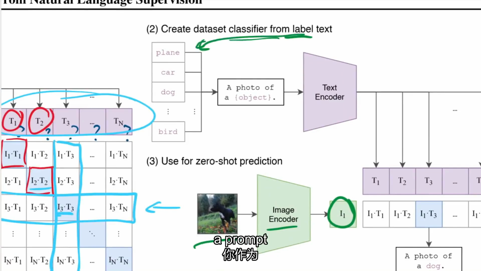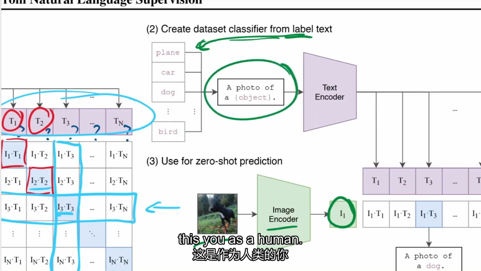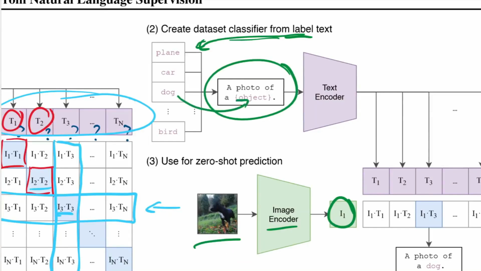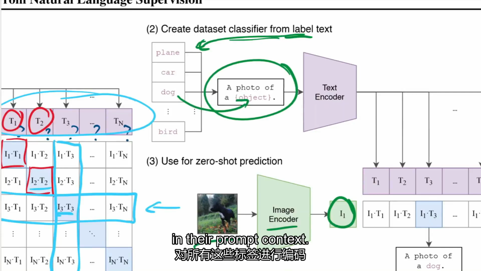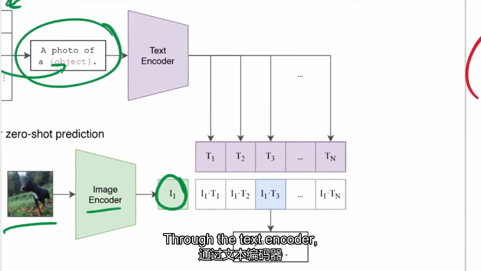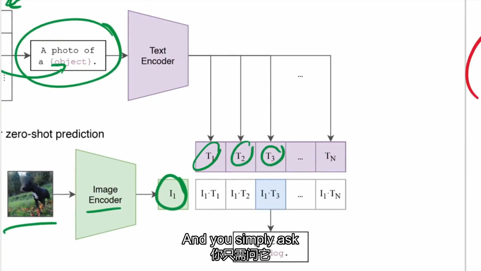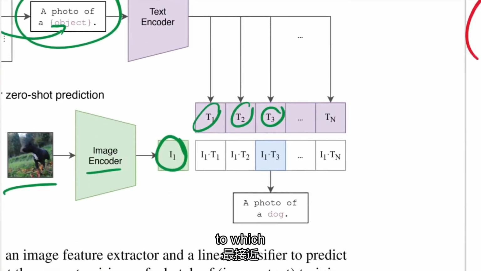You engineer a prompt, and that you do as a human, right? This is heuristic. You as a human think, aha, okay, I'm going to put whatever this is here. You encode all of these labels in their prompt context through the text encoder. You get the representations here, and you simply ask to which of these labels is it closest, right?